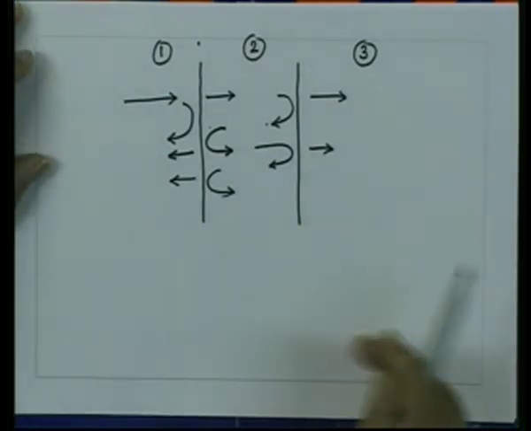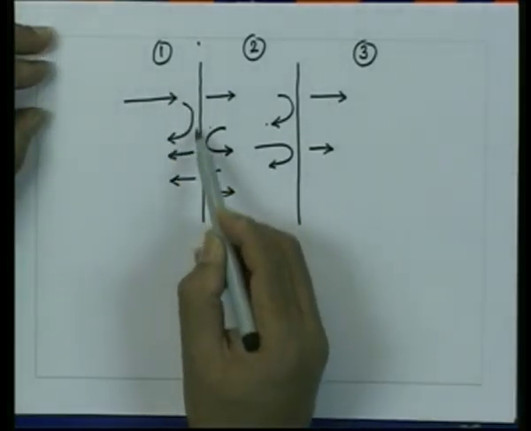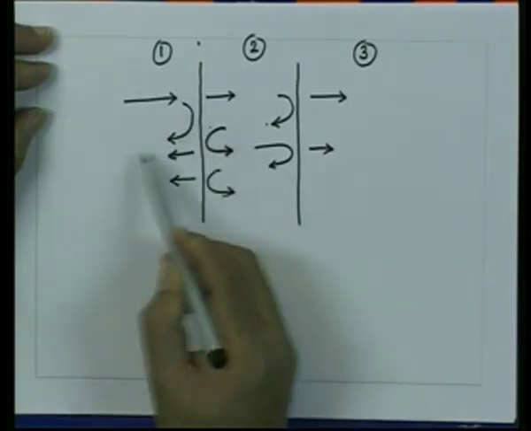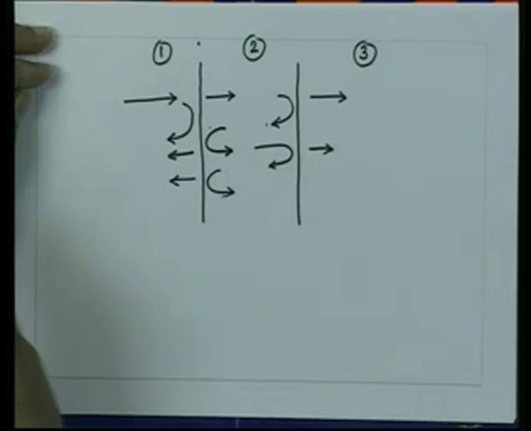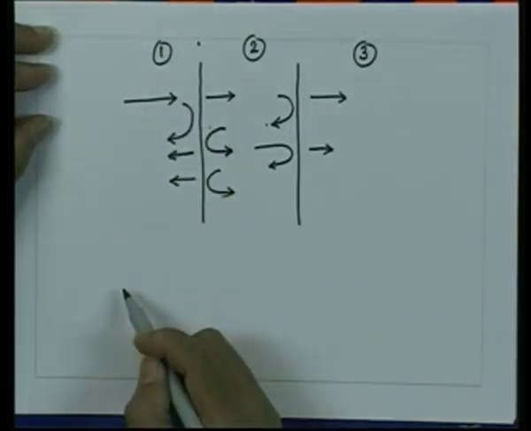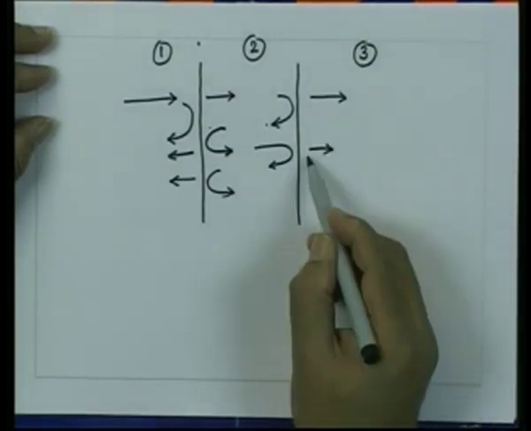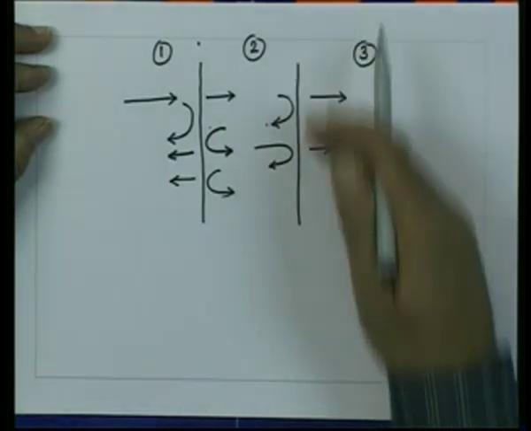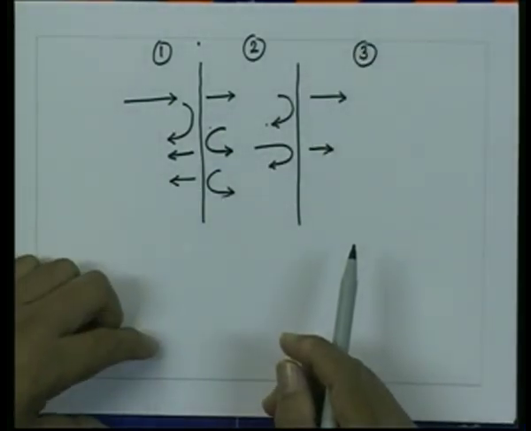What we find is that the net reflected wave is the sum of all these reflections: the first reflection plus the second reflection plus the third. Summing them all gives the total reflected wave in this direction. Similarly, the transmitted wave is this transmitted wave plus this plus this, and summing them gives the total transmitted wave on the other side.